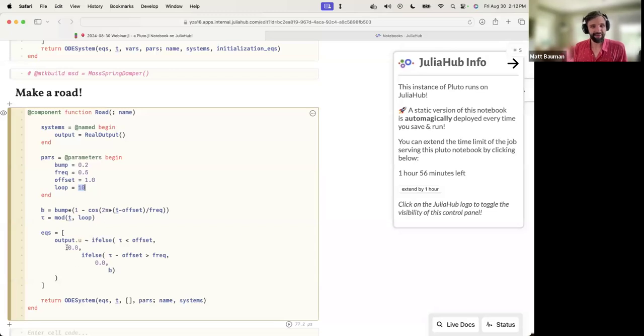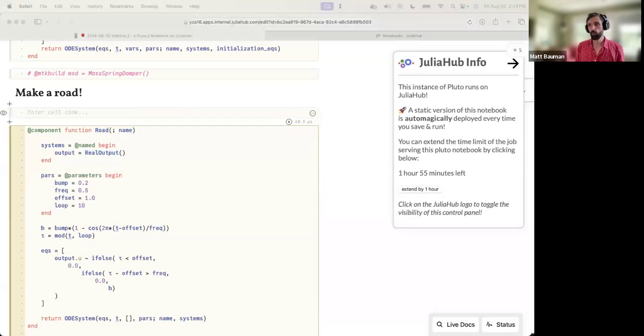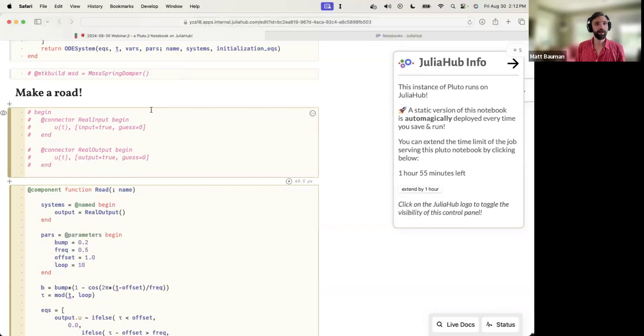So we have our ODE system. You'll notice, though, that there's one system here that we've not seen yet, and that's this real output. And this is just, again, like that mechanical port connector, but it's this kind of phony system where we want to have some way of grabbing some real number as input and output.